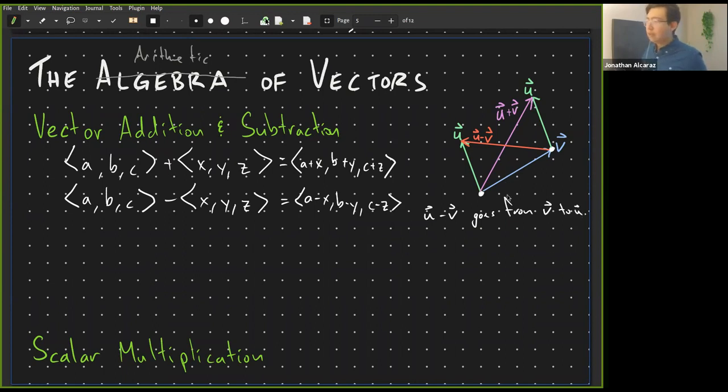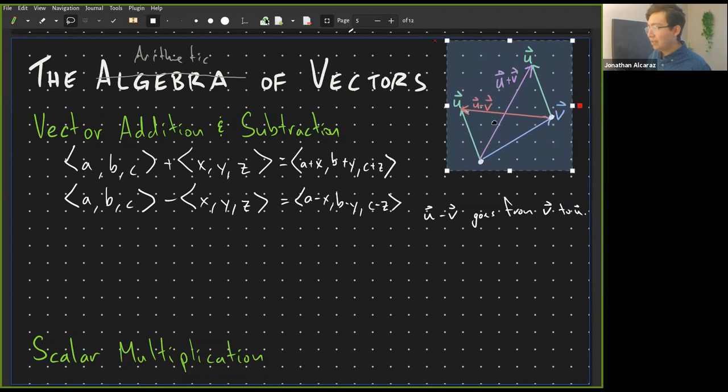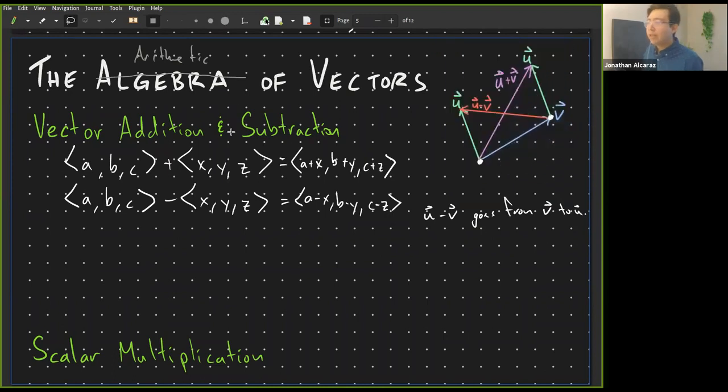If you're the memorizing type of person, you can try to memorize this. But I like to have a picture of why this happens. Instead of thinking of u minus v as a subtraction, just like in single variable stuff, you can turn any subtraction problem into an addition by the negative, right?